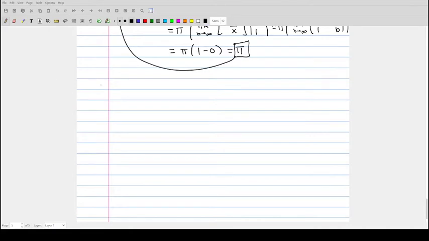Now this is all well and good, and it's showing us something very cool, that we can take our application formulas and directly apply them to improper integrals. But what we will also see is that not all of them are going to converge.